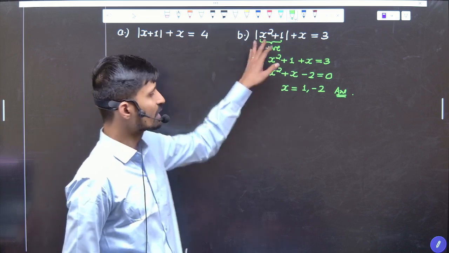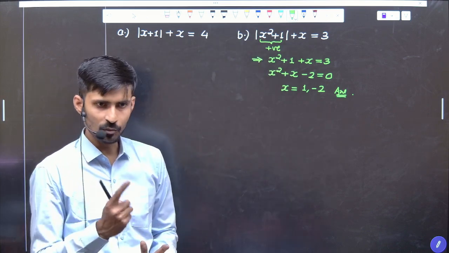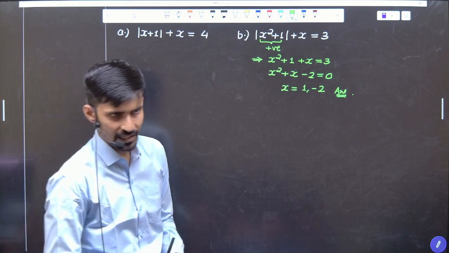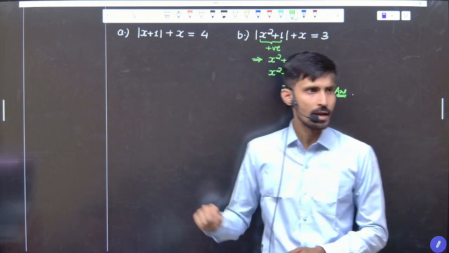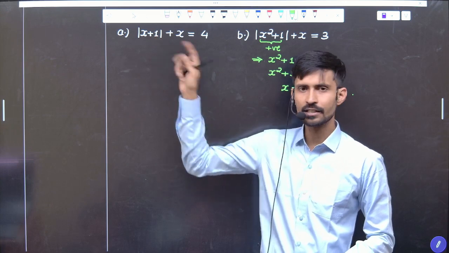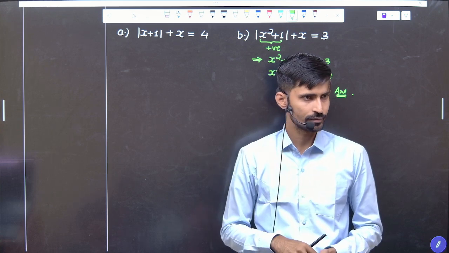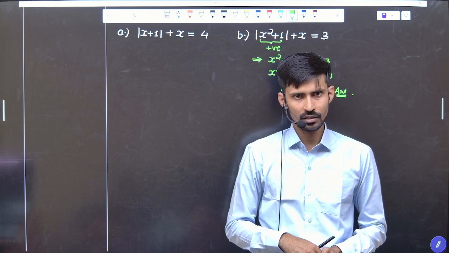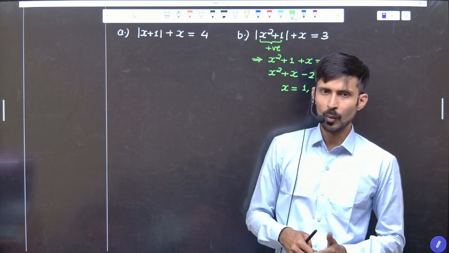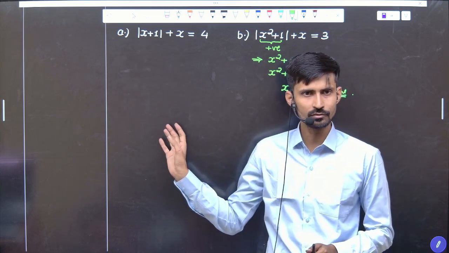So when the inside term is positive, you can see things are very easy. We can remove the mod directly. Now, what about this? In x plus 1, the inside is positive also, and negative also. Only the first line, or 10%, you have to learn new.